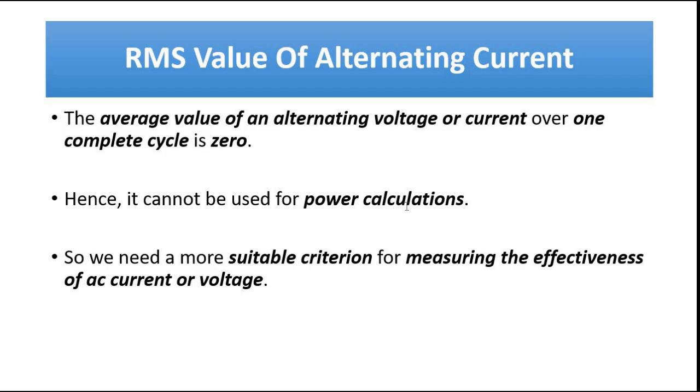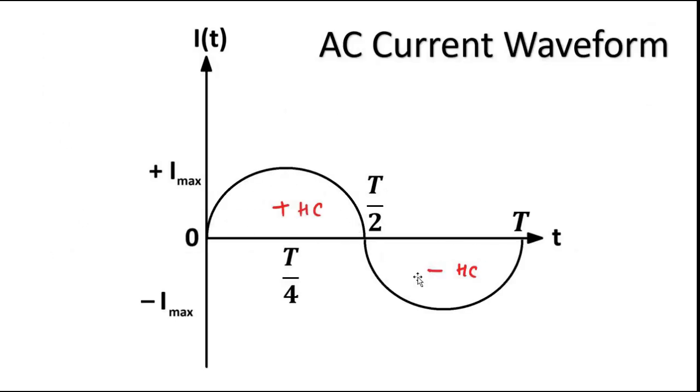In order to include power calculations, we have to include a suitable criterion which takes into account the entire full cycle, the complete cycle from 0 to T. The entire positive and negative half cycle is taken into consideration. So here the root mean square value comes into play.